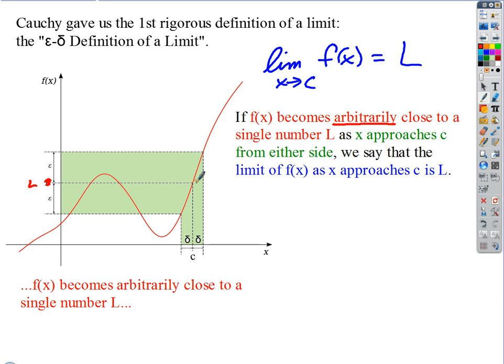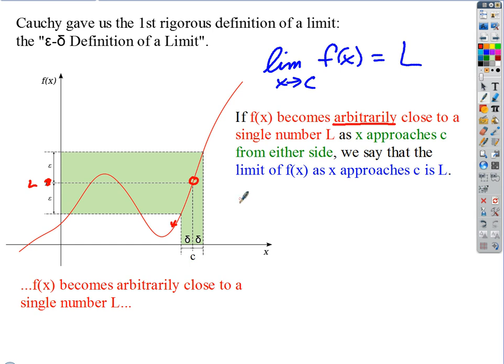Well, you know that as this ant walks along the function, when he's far away from x equals c, he wouldn't necessarily expect his y value to be very close to the limit, would he? I mean, if he's way down here, for example, his y value is quite a ways off the target right there, right? He's that far off.